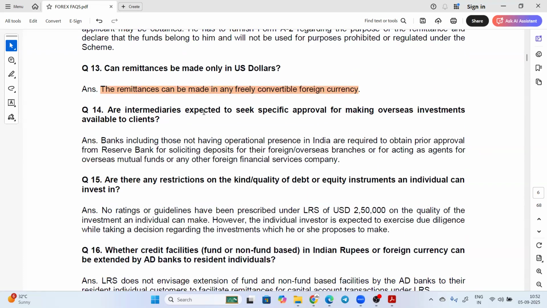So are intermediaries expected to seek specific approval for making overseas investment available to clients? Okay, banks including those not having operational presence in India are required to obtain prior approval.